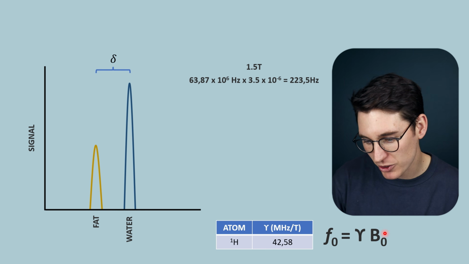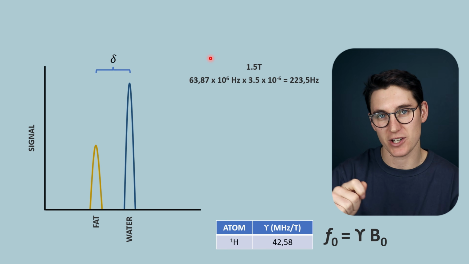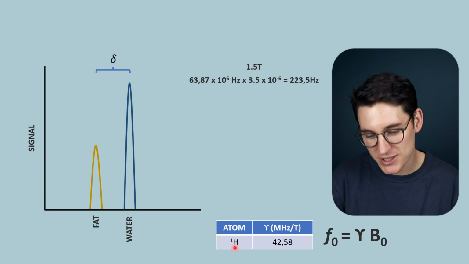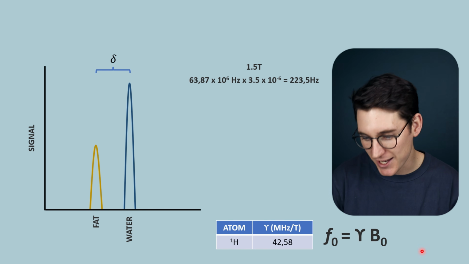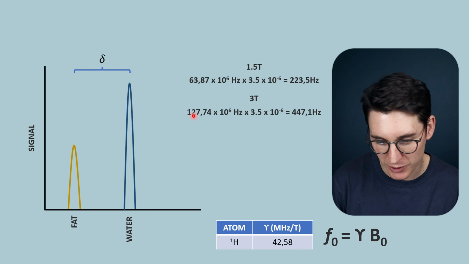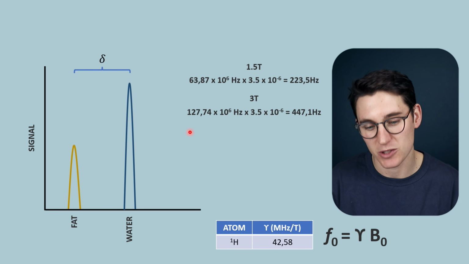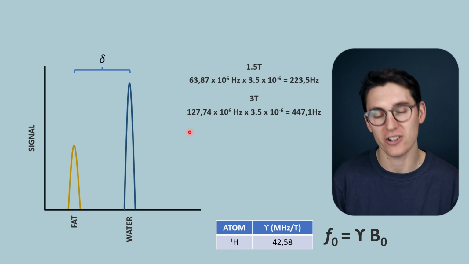Now, what would happen if we were to increase the magnetic field strength? We were to double the magnetic field strength to 3 Tesla. The precessional frequency of hydrogen in water is going to double. As we double this main magnetic field, we double the precessional frequency. A doubled precessional frequency means that the hydrogen atoms in water are now precessing at 127.74 megahertz.